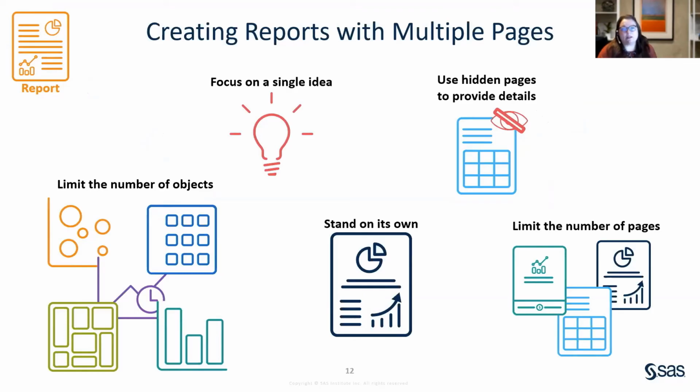We do have the ability to use a hidden page, which is a page that does not appear to the viewer unless it has been selected or opened. Basically, we would link this to an object, and when the user makes a selection in the object, that particular page would open. It's very useful to hold additional graphs or even detailed level data.